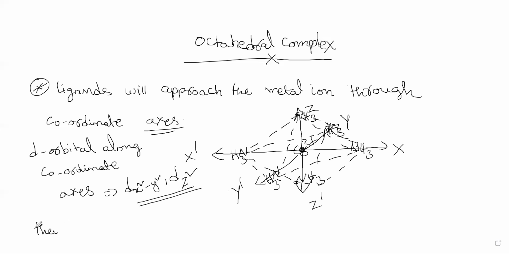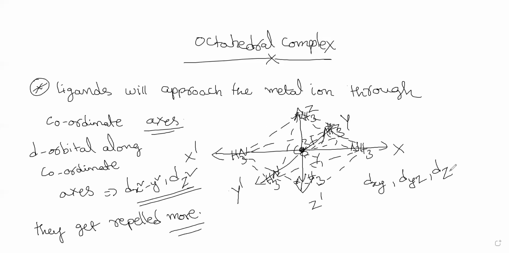They get repelled more. They suffer a large amount of repulsion because ligands are approaching closer to these orbitals rather than the orbitals oriented in the mid of this. So dxy, dyz, dzx will not be repelled as much as dx square minus y square and dz square.